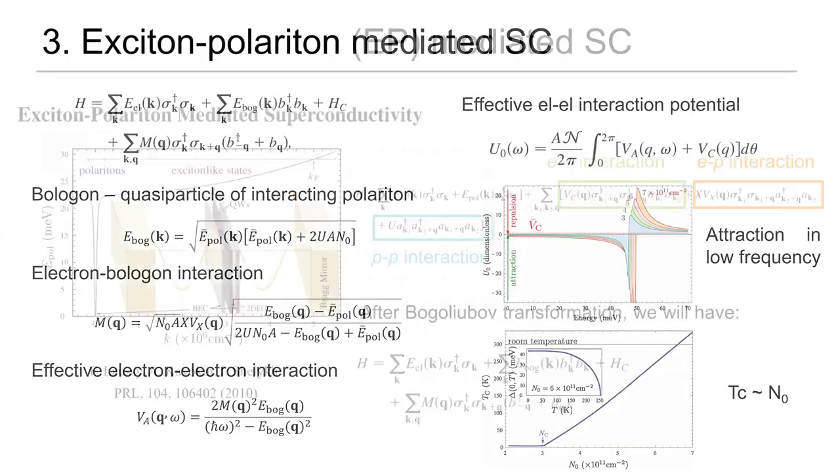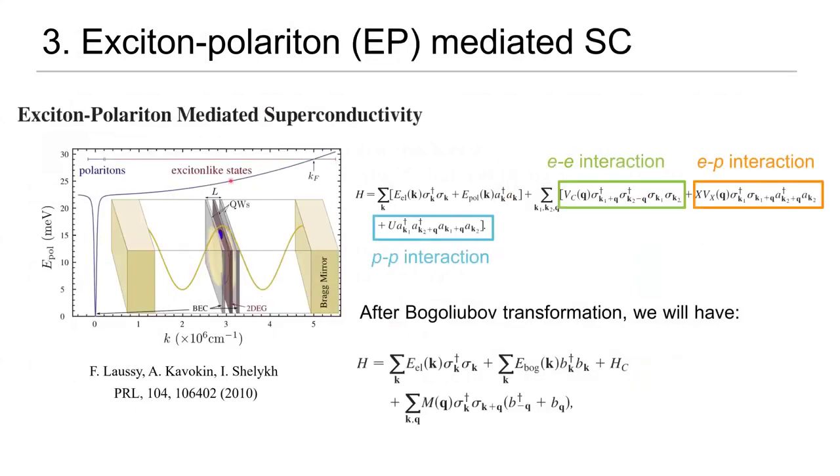Many, exactly. In this setup, the spacing between the quantum well and the 2DEG is a tunable parameter, and the exciton density is also a tunable parameter.